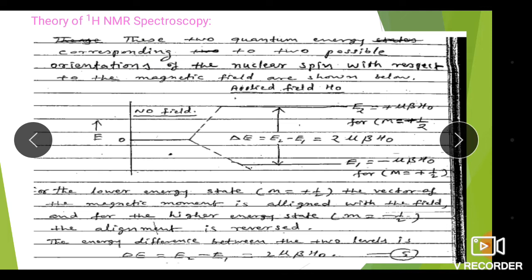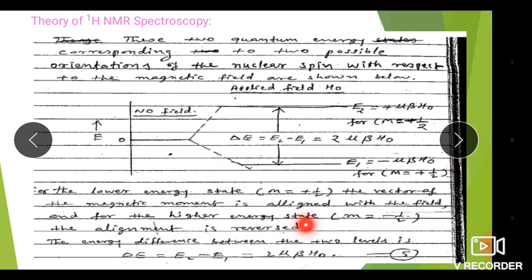Then how does the energy level split, and how does it show the plus and minus orientation, the clockwise and anti-clockwise orientation? That is delta E is equal to E2 minus E1, which is 2 mu beta H0. E2 is plus mu beta H0, corresponding to m is equal to minus half, and E1 is the lower energy, minus mu beta H0, m is equal to plus half.